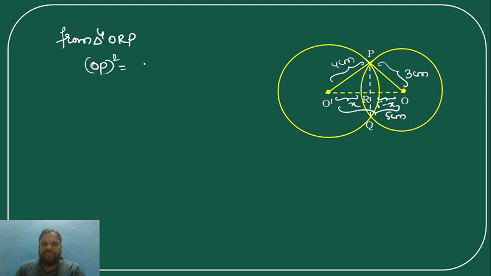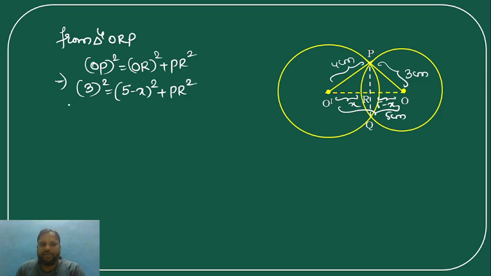OP square is equal to OR square plus PR square. Now here, OP square is 3 square. So 3 square is equal to OR which is 5 minus X whole square plus PR square.